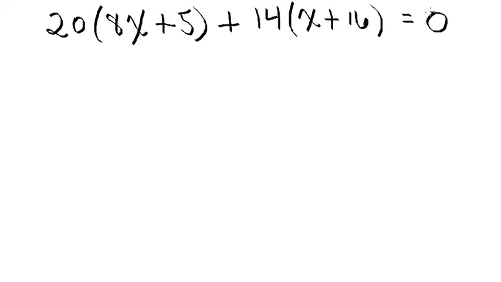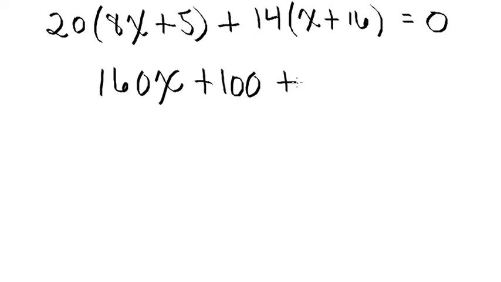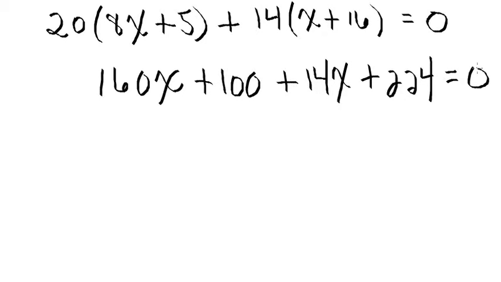Alright, so we have 20 times 8 is 160x, 20 times 5 is 100, plus 14x, and then 14 times 16 is going to be 224, and that's all equal to 0. So let's look at our like terms here.